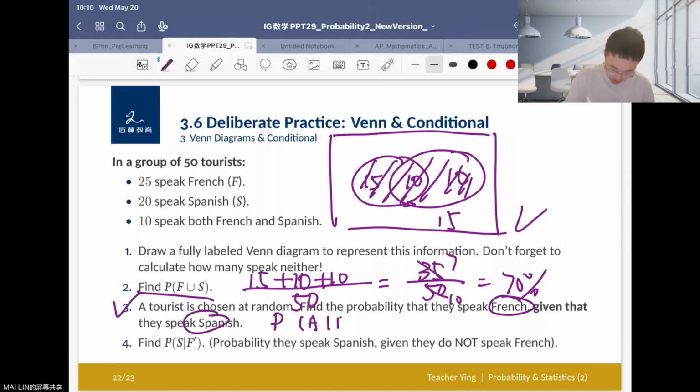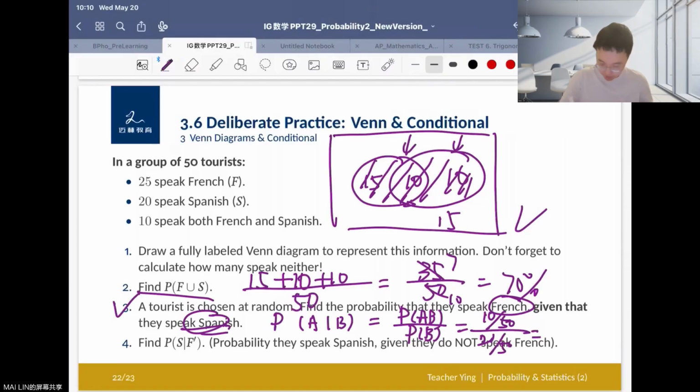A and B means they speak both French and Spanish, so the probability is 10 over 50. The probability that they speak Spanish is 10 plus 10, which is 20, so 20 over 50. The answer is 50%.